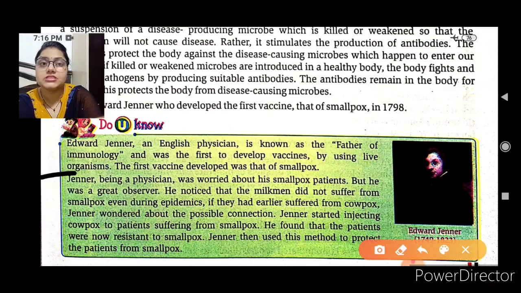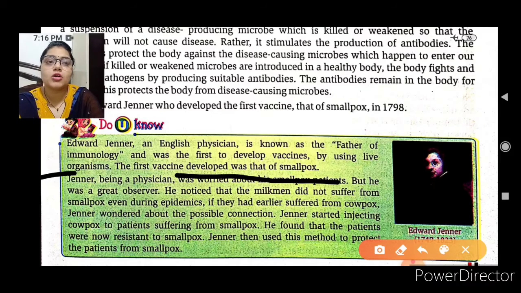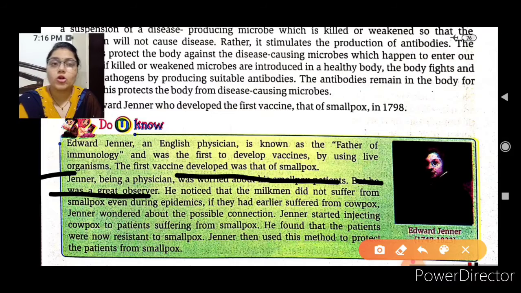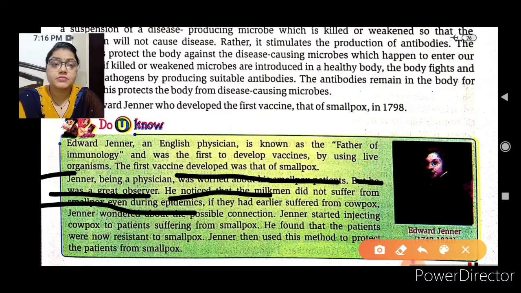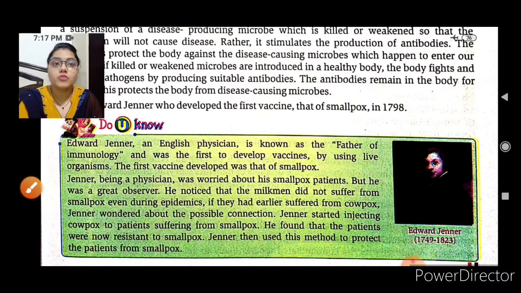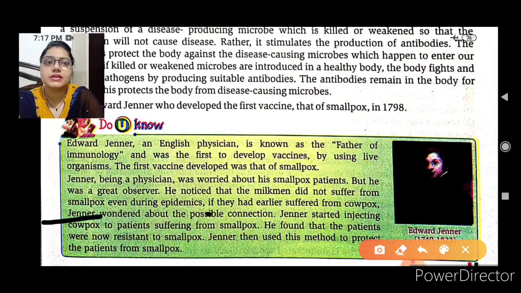Jenner, being a physician, was worried about his smallpox patients, but he was a great observer. He noticed that milkmaids did not suffer from smallpox even during epidemics if they had earlier suffered from cowpox, so Jenner wondered about the possible connection.